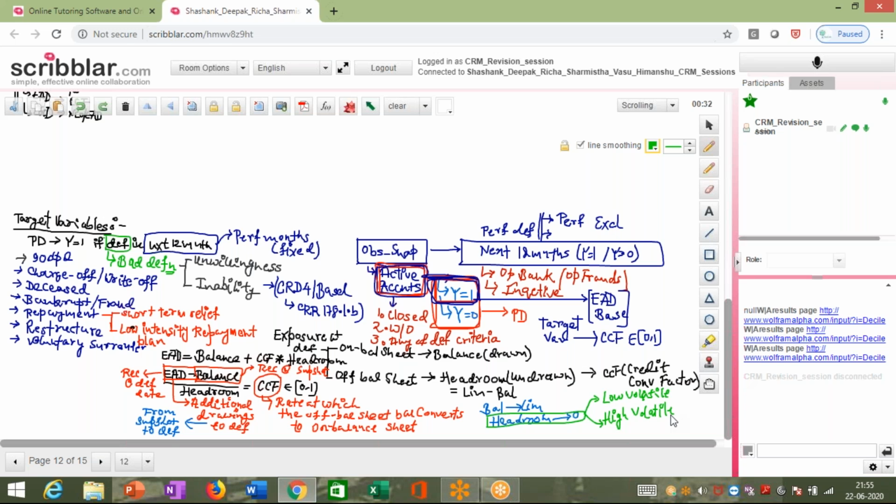That is the distribution of the headroom, such that after a point it becomes very volatile. This is one of the most important checks that we need to do. We need to assess whether, after a point of headroom usage, the variable becomes highly volatile.